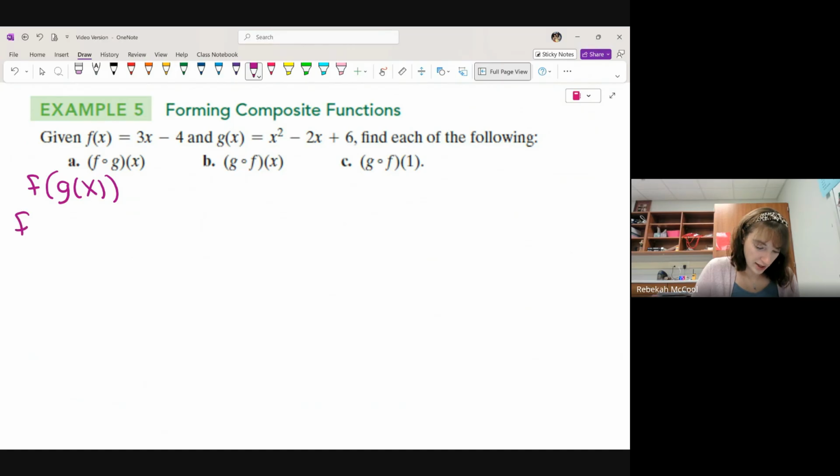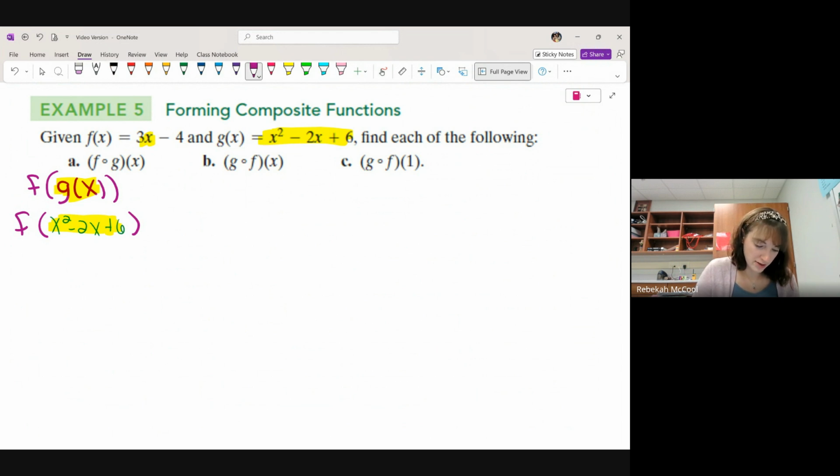Basically I'm going to replace my input into function f with what function g is. So this means I'm going to be plugging in x squared minus 2x plus 6 inside of function f. So anywhere I saw an x in the original function, I'm going to replace it with that function g. So what does this look like?